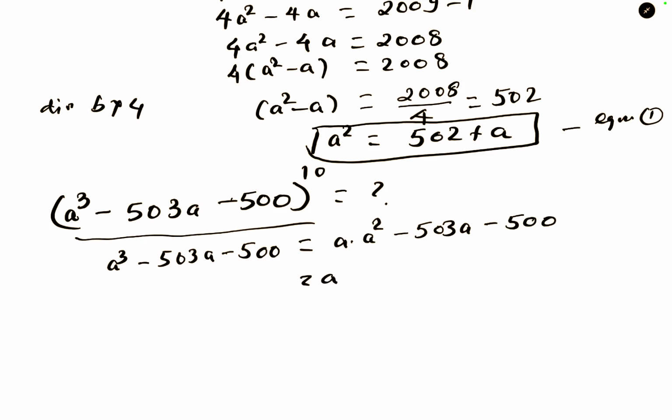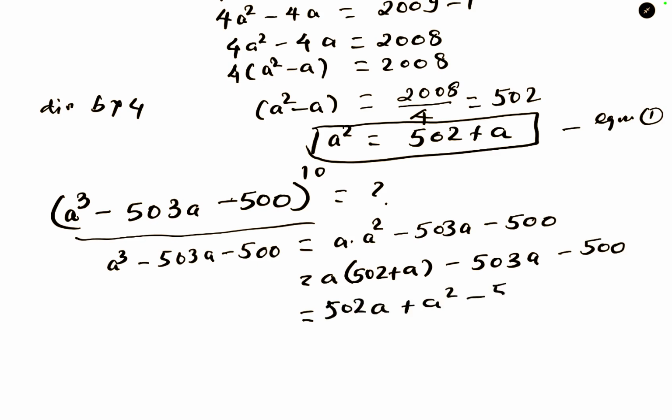Now a square for me is 502 plus a, so I can substitute the value 502 plus a here, minus 503a minus 500. When we open the bracket here, it becomes 502a plus a square minus 503a minus 500. 502a minus 503a gives me a square minus a minus 500.